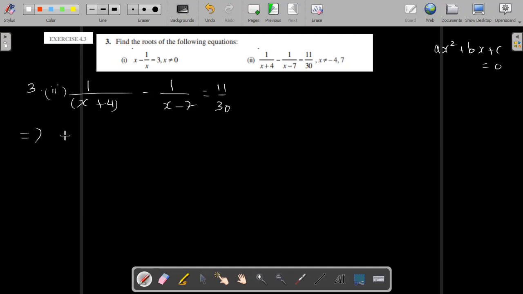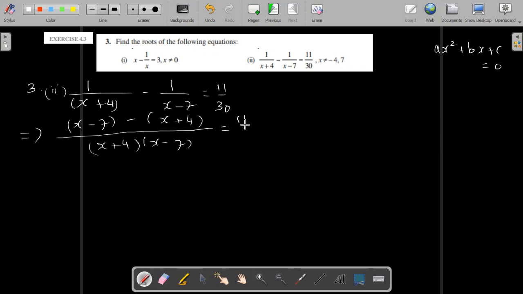LCM will be equal to the product of the denominators, because we don't have any common factors, x plus 4 and x minus 7. And x minus 7 will multiply here, and this minus is here. x plus 4 will multiply with 1, so 11 by 30 as this. Now solve the numerator first.